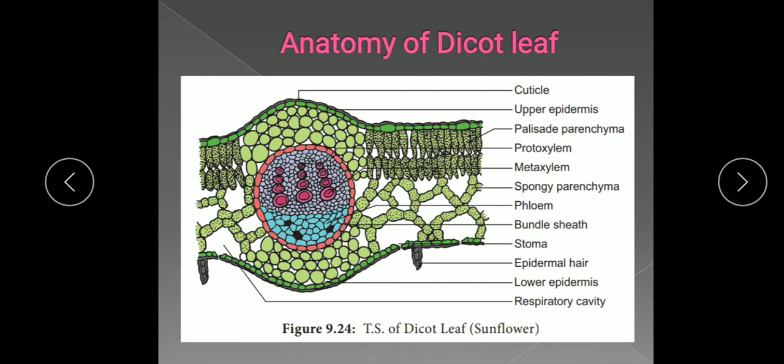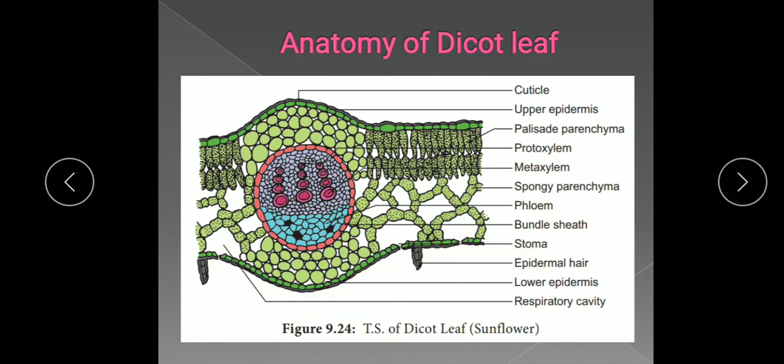So this is the difference in thickness of cuticle in dicot, while in monocot the thickness of cuticle is the same on both surfaces. And in monocot leaf both surfaces bear a similar number of stomata. Here there are more stomata at the lower surface.